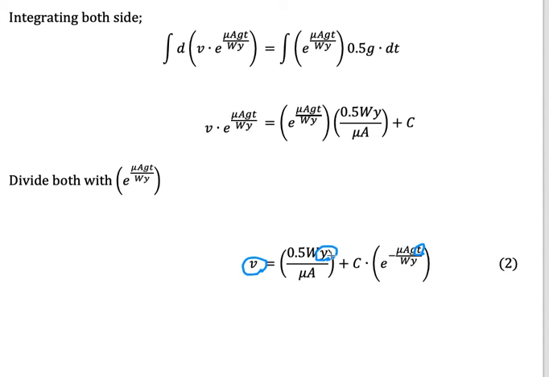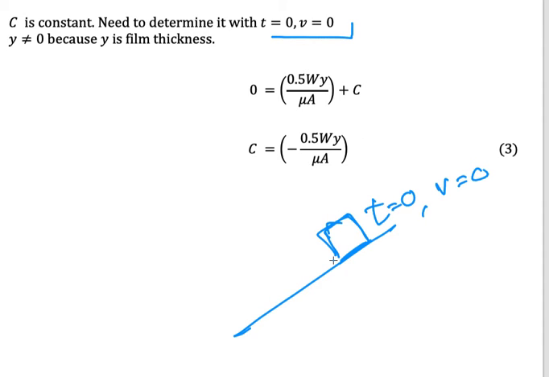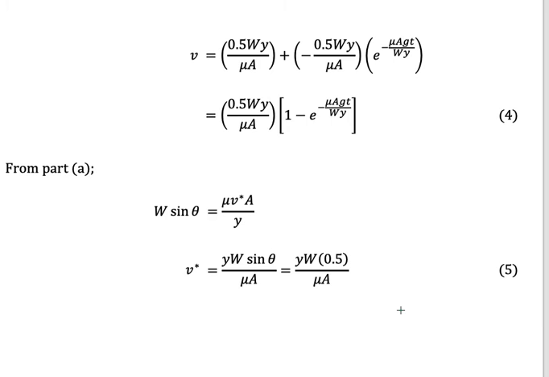The y here is the film thickness, so in this situation we could not assume that the film thickness is equal to 0, so we retain the value of y. Then we could get this one and rearrange. We found that C is equal to negative 0.5 W y over mu A. We substitute in the equation, then we could get this one.